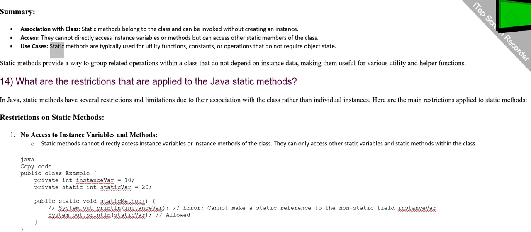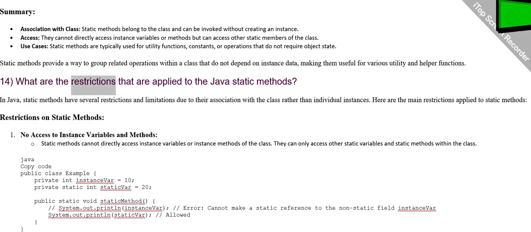Use cases: static methods are typically used for utility functions, constants, or operations that do not require object state. Static methods provide a way to group related operations within a class that do not depend on instance data, making them useful for various utility and helper functions.